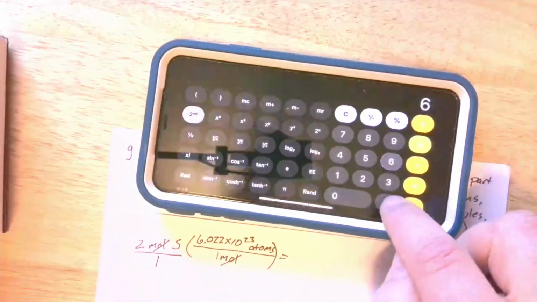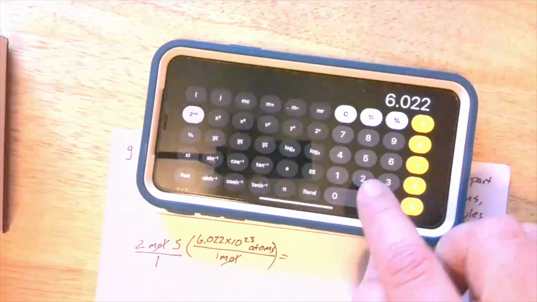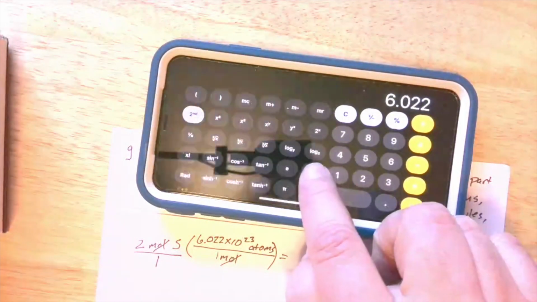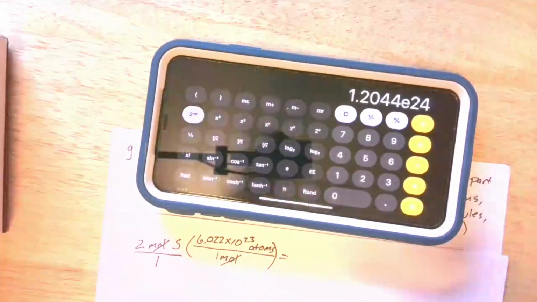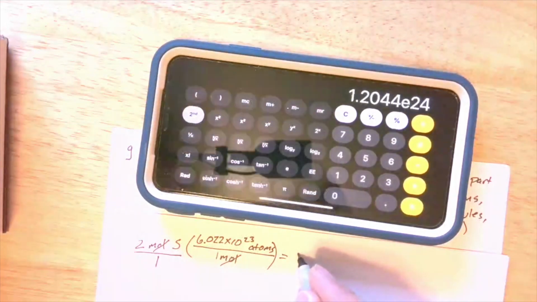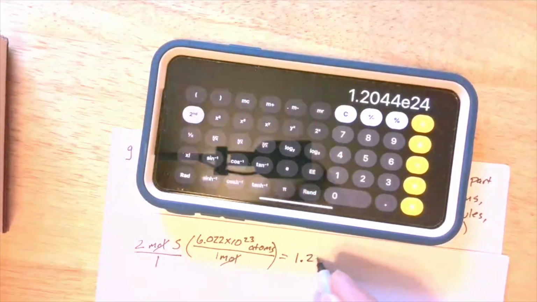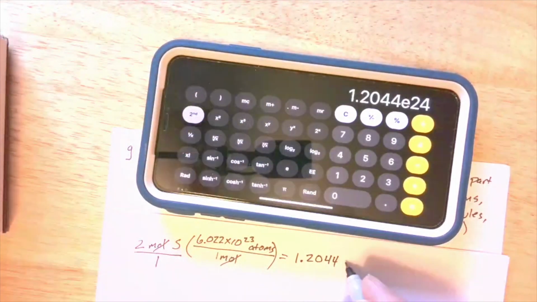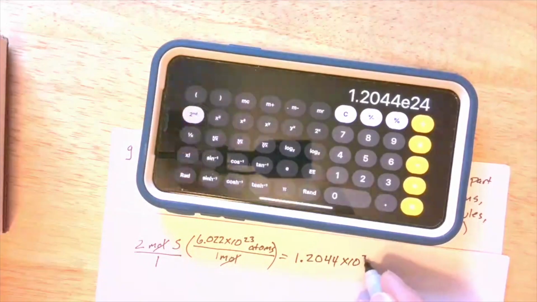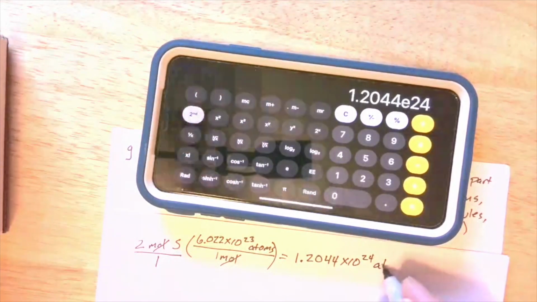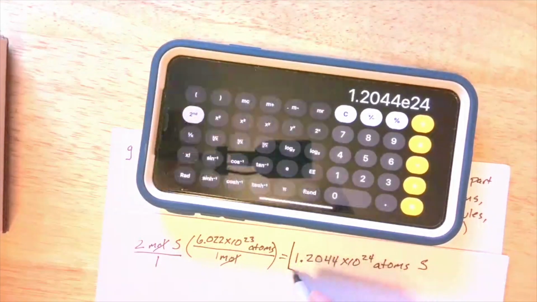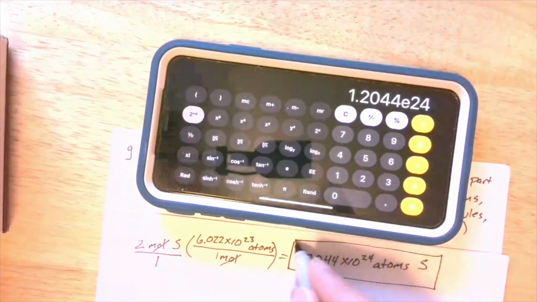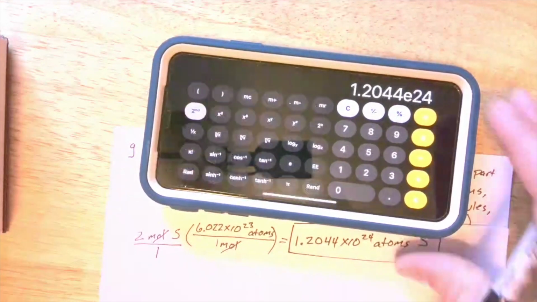So 6.022 times 10, so you have the EE, 23, equals, which comes out to be 1.2044 times 10 to 24 atoms of sulfur. So there's your answer.